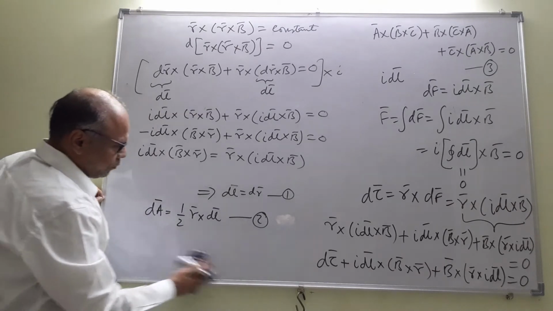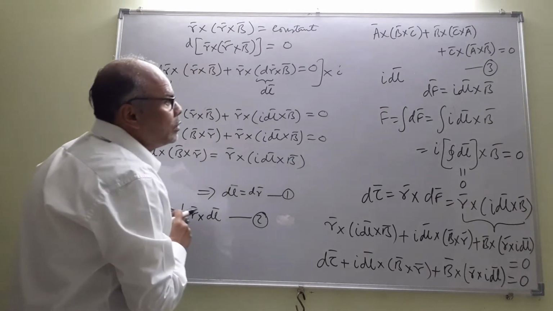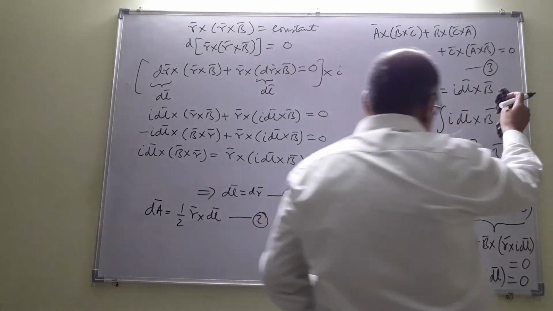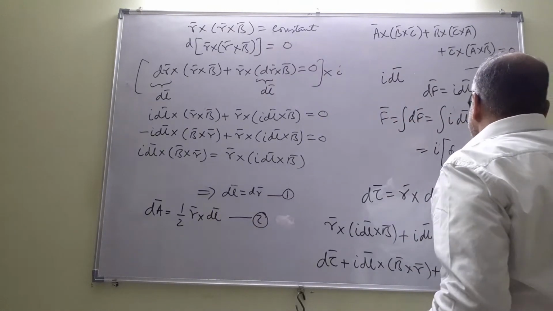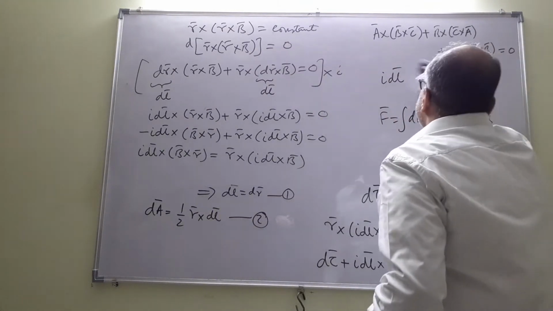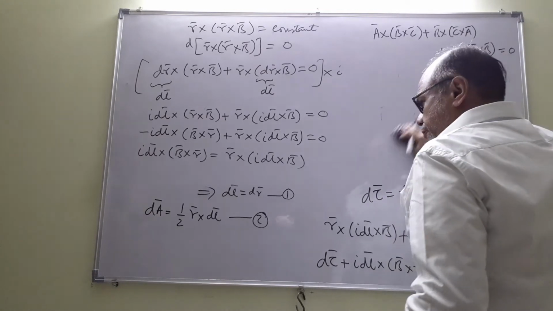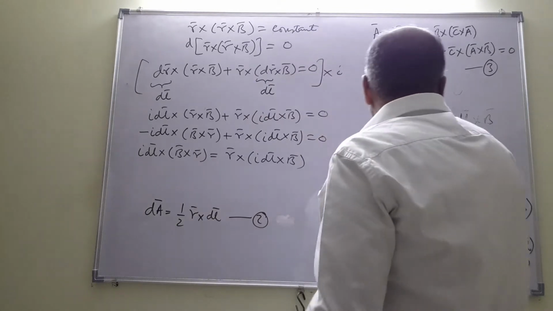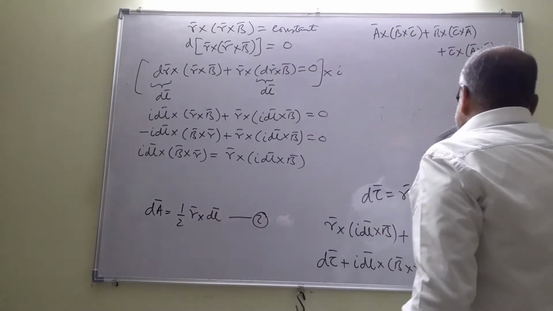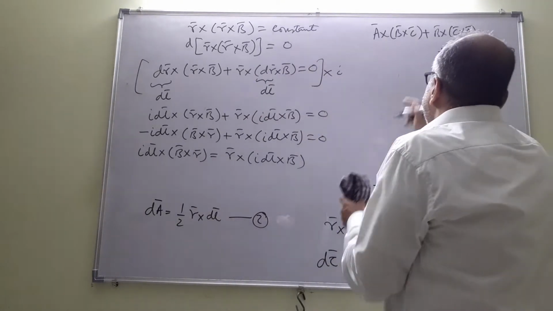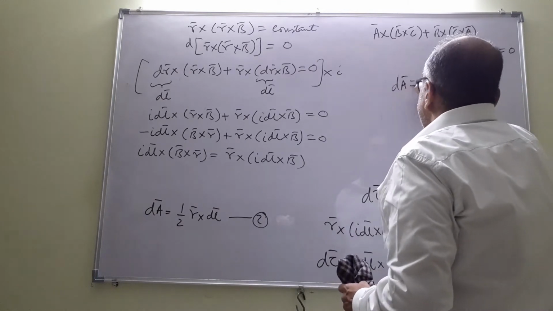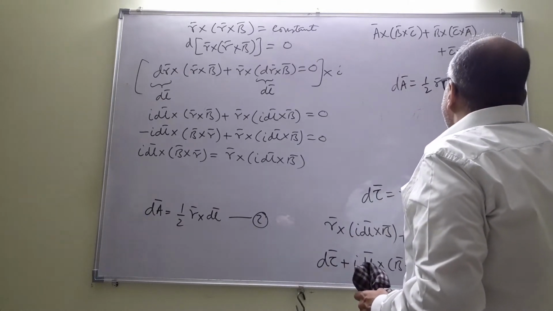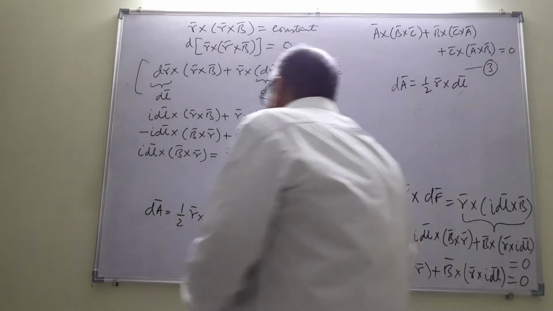I shall write it somewhere and clean this here and put it for you here. Basically, we already know dL is dR, that we have already utilized, and I'll just write the area term for you. The area term dA is half R cross dL.